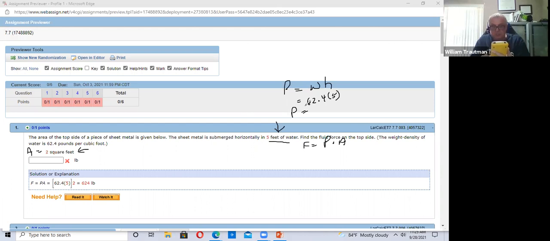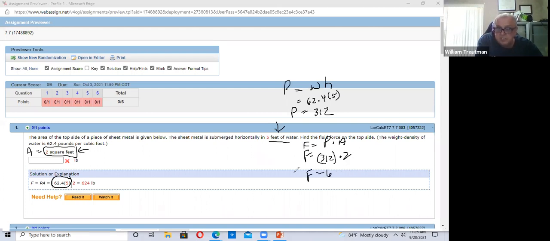That's okay. 62.4 times 5, and we get 312. So 312 goes here. They didn't show in the work 312. They just left it unmultiplied. And then the area. Here's the area of the thing that's submerged. They said it's 2 square feet. So the fluid force is just multiplying those two together.